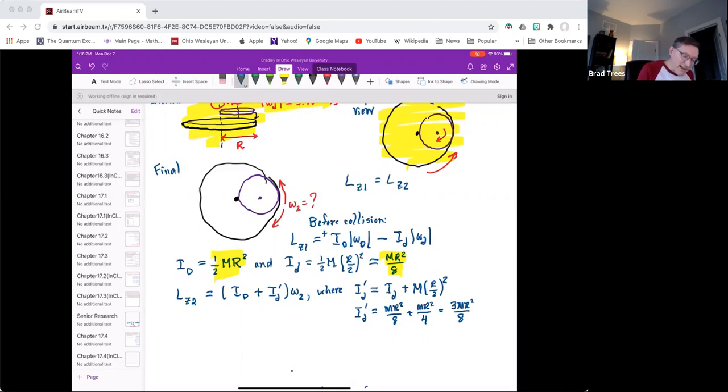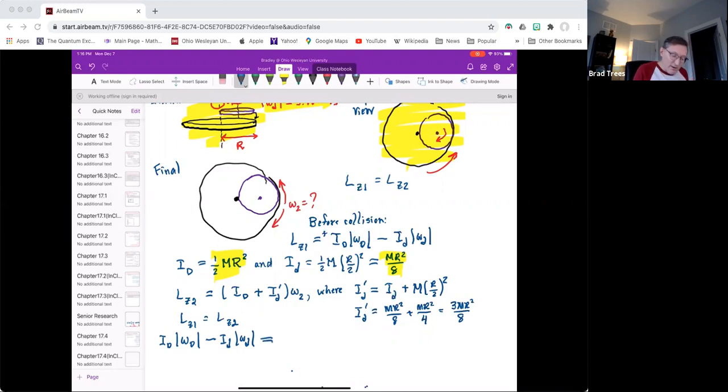Okay, so let's put the LZ1 expression equal to LZ2. All right, so here we go. I big D times omega big D, positive contribution. Then there's a negative contribution, so minus I little d omega little d, that's LZ1.